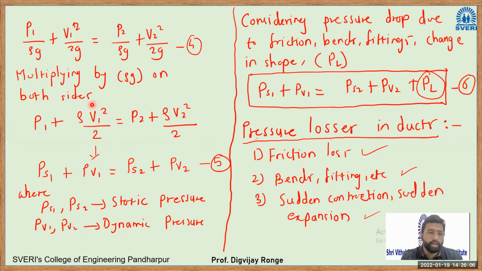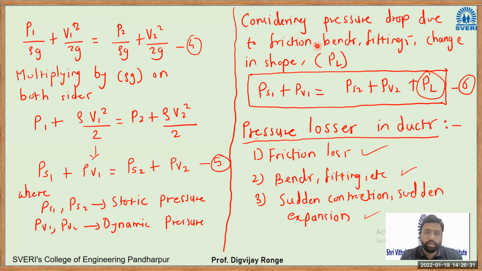It is called as dynamic head. So it is just written as PV1, and this is written as PV2. This is not P times V2, this is P suffix V2. So here PS1 and PS2. So P1 is replaced by PS1, P2 is replaced by PS2. These are static pressure. PV1 and PV2 is dynamic pressure.